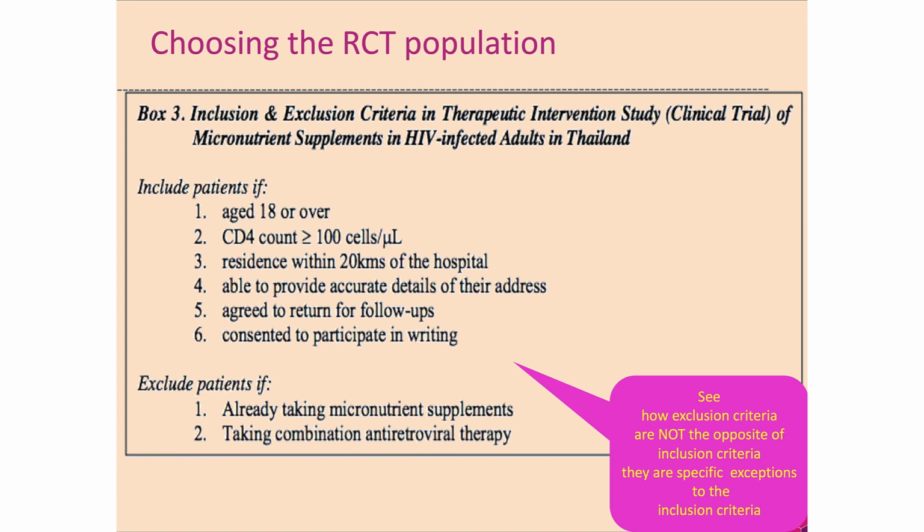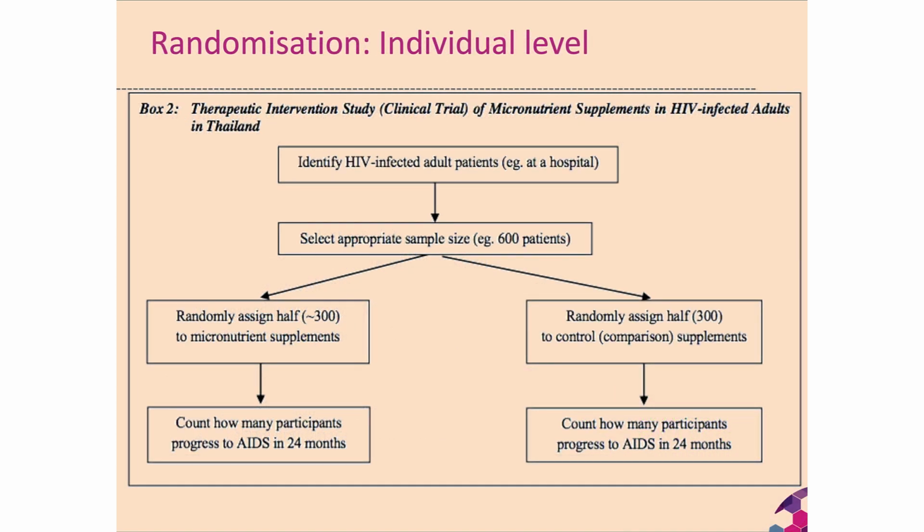And if they are taking antiretroviral therapy, again, they can't take part. So you can see here, the exclusion criteria are specific exceptions to the inclusion criteria. So often the inclusion criteria are met, and then you use the exclusion criteria to remove certain types of people from that included group.